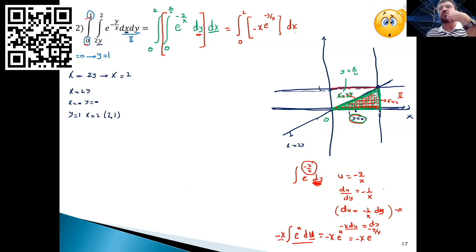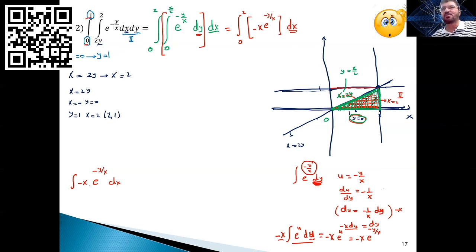Now you continue. Now we need to integrate with respect to x, guys. How would you get this one now? To integrate this one with respect to x, we do the opposite. Now look what I'm going to do. I need to integrate minus x e to the minus y over x dx with respect to x. Now, there's a product of two functions, right?